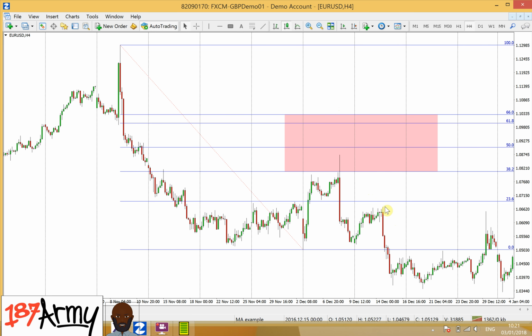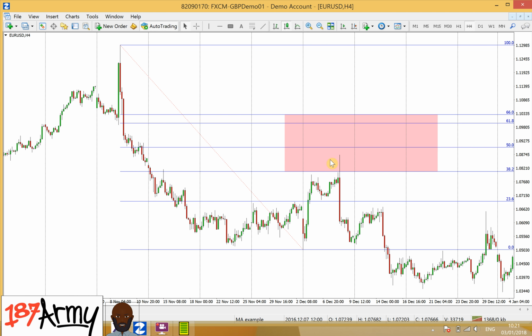So, just to recap, Fibonacci is used as a means to determine where price is likely to find turning points. So it's likely to find bullish or bearish turning points and areas of support and resistance. It can be used as a target to initially make a trade.